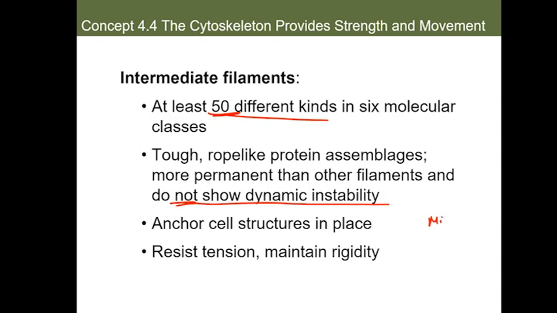So micro equals scaffolding. Intermediate is like house building. So the wooden house building is going to be there. It's not going to change size. That's how it is. So they anchor cell structures in place, they resist tension, and they maintain rigidity.